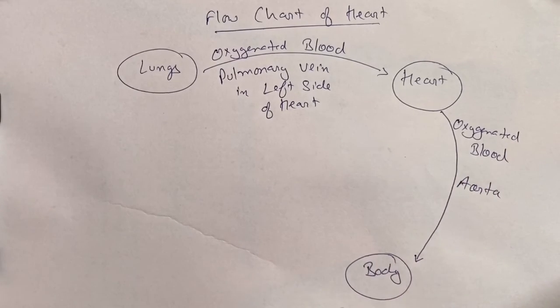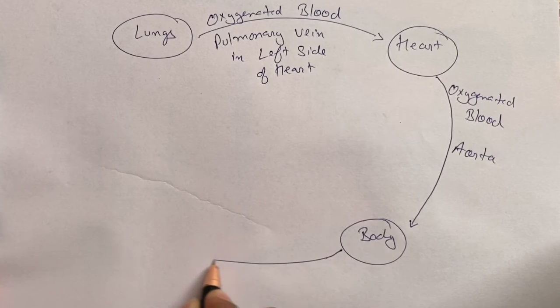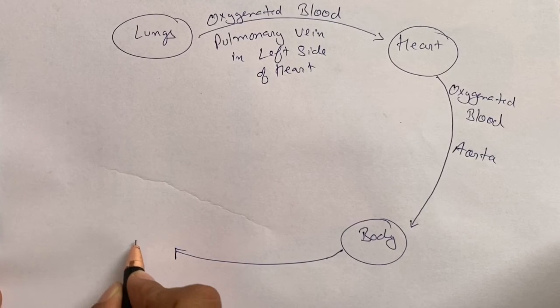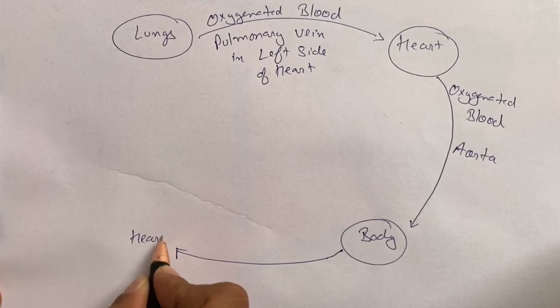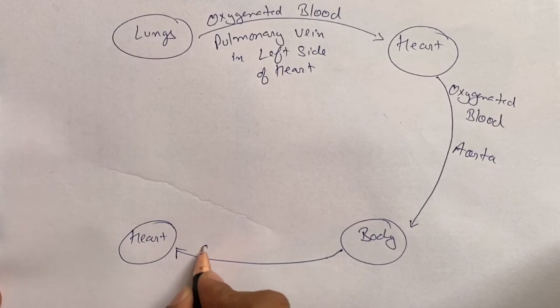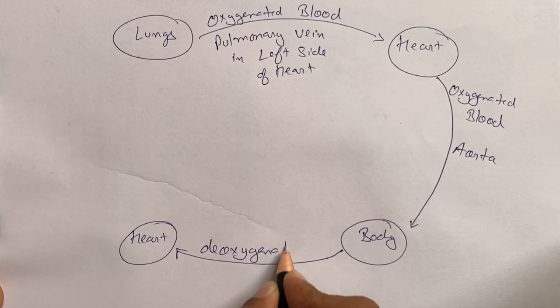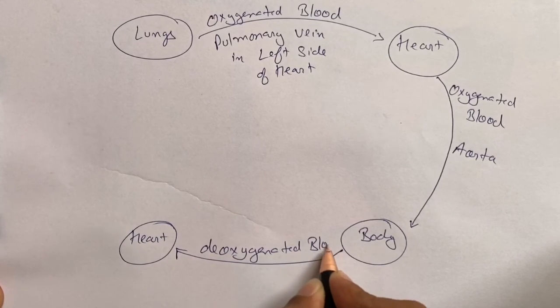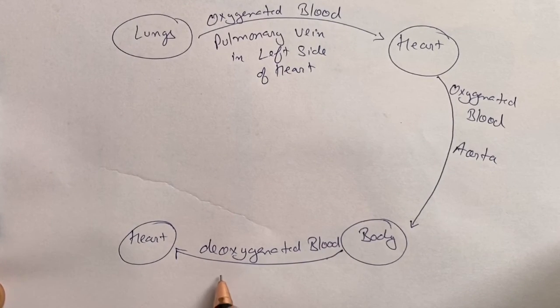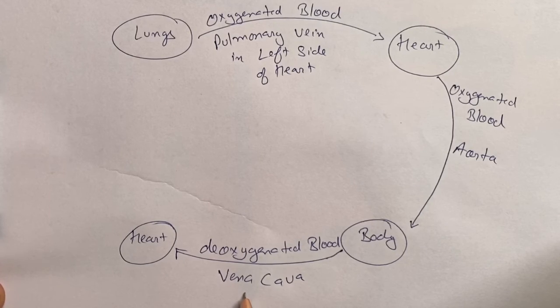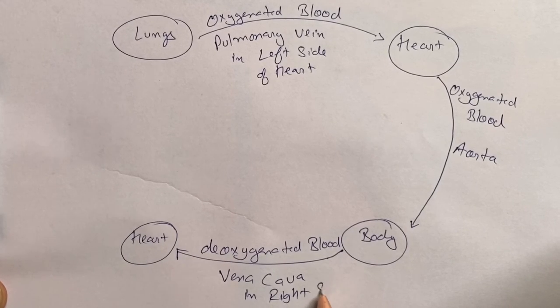Now deoxygenated blood is sent back to heart through vena cava in right side.